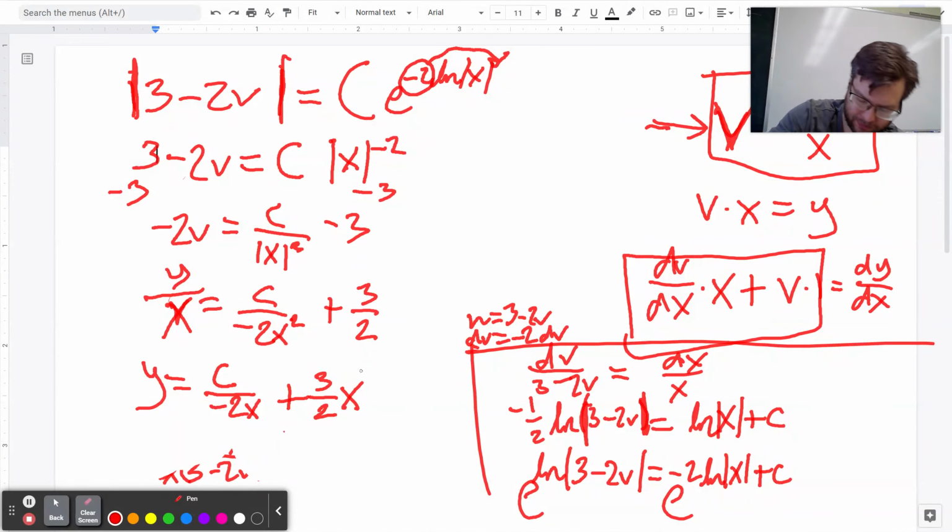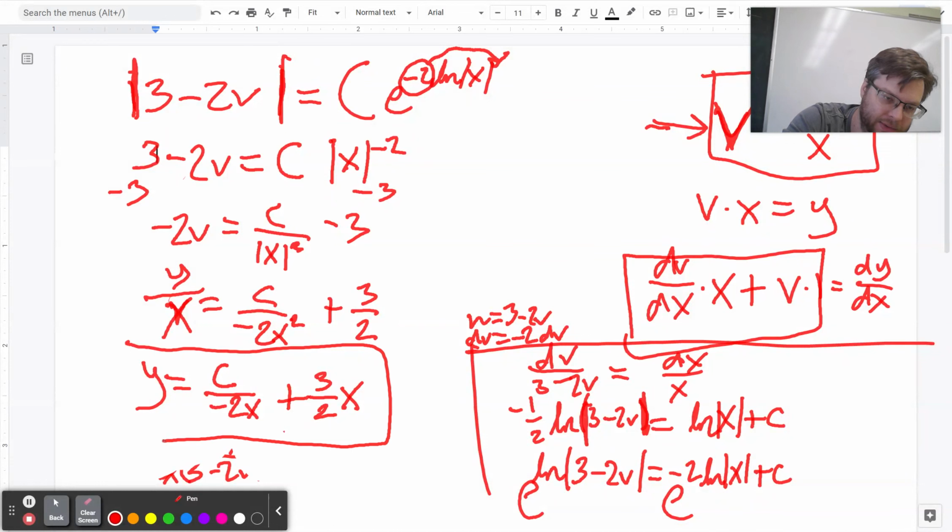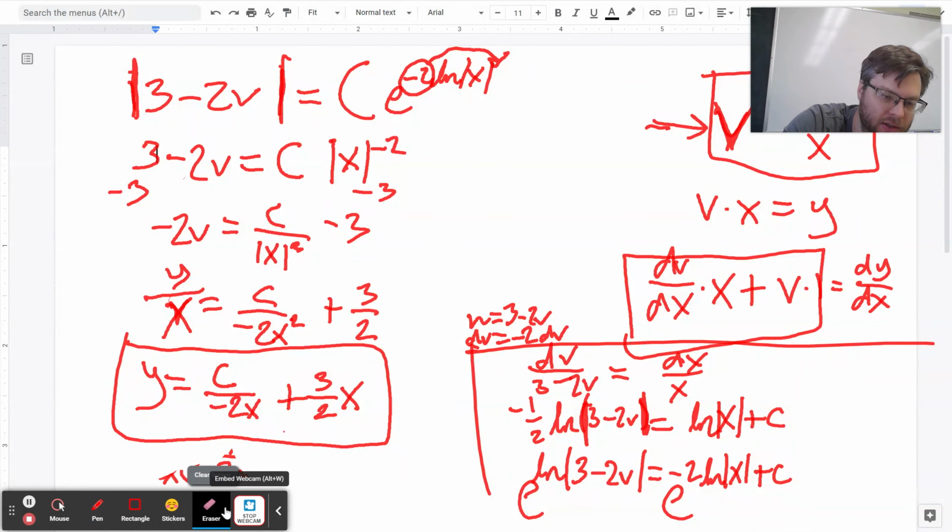And that's the solution. So then, allegedly, if you take its derivative and multiply its derivative by x squared, you should get back to the original differential equation. And I encourage you to try that out.